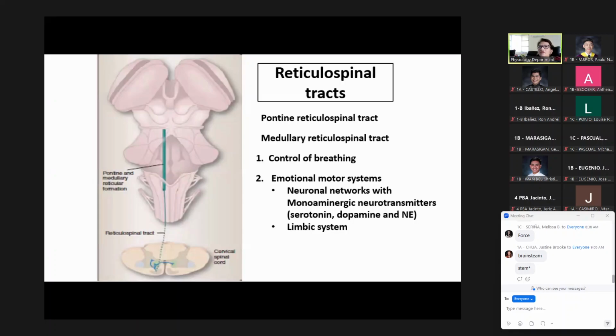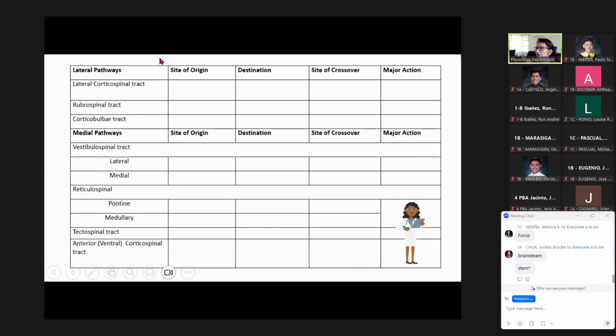It is believed that it is influenced by the limbic system, and you have these neuronal networks with these neurotransmitters. That's why your emotions are able to influence our actions.